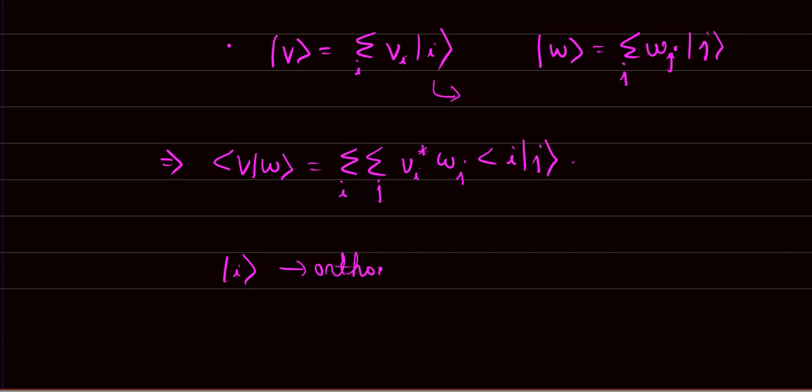That means these two basis vectors are perpendicular to each other and they all have unit length or unit norm, right? So if we take an orthonormal basis, if i and j are the same, then it will give us 1, and if i and j are different, then it will give us 0.